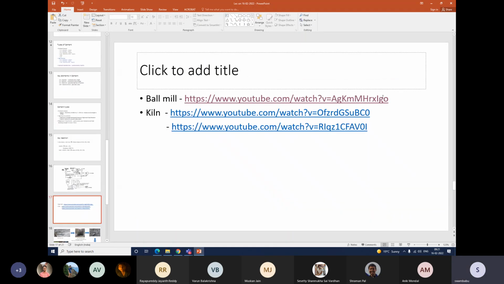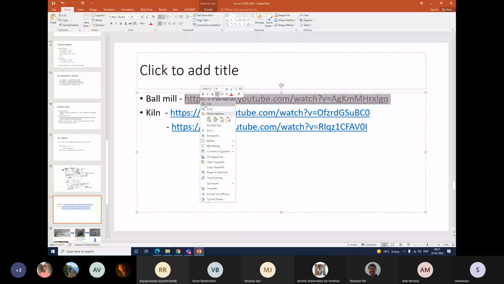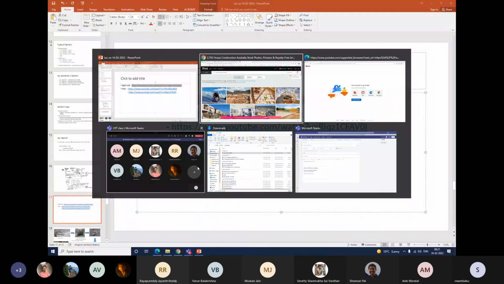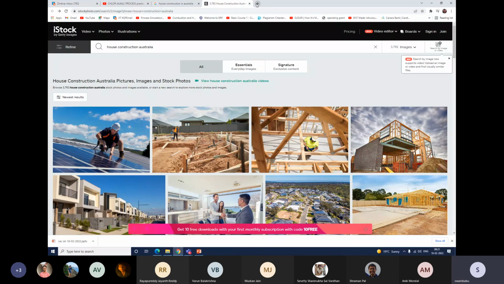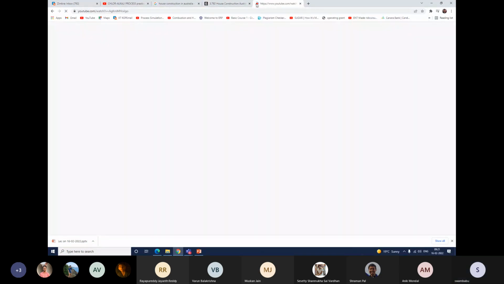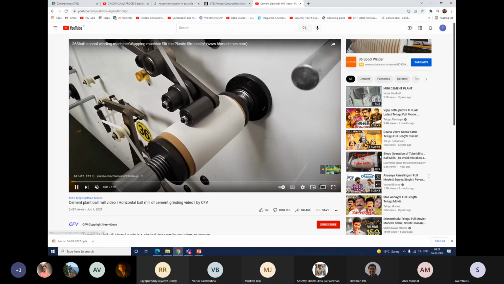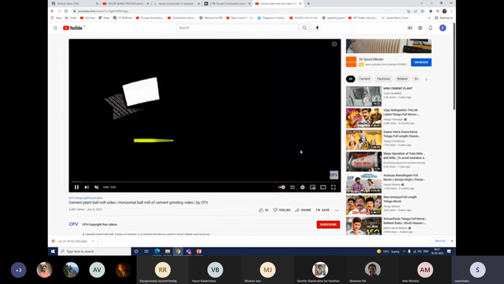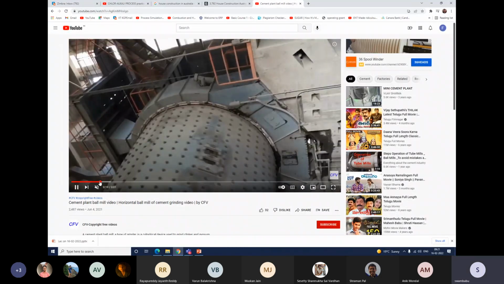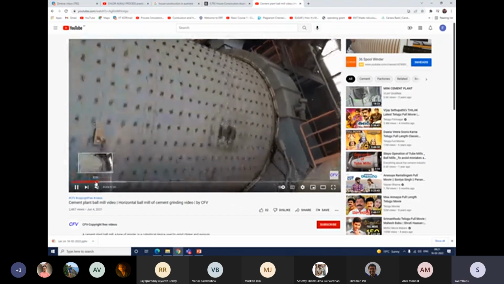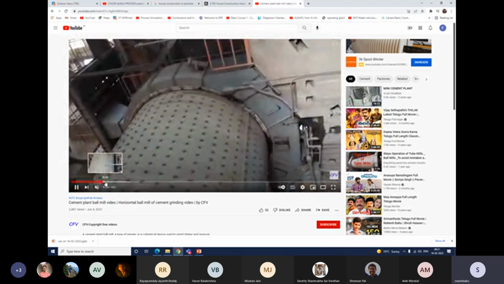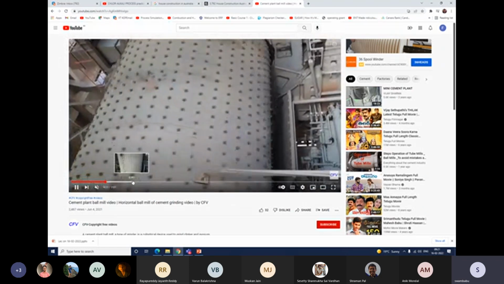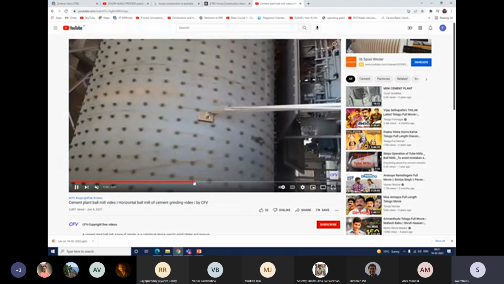So, a huge ball mill. Yeah, you can see here. This is a huge ball mill, which is continuously rotated at a set RPM.